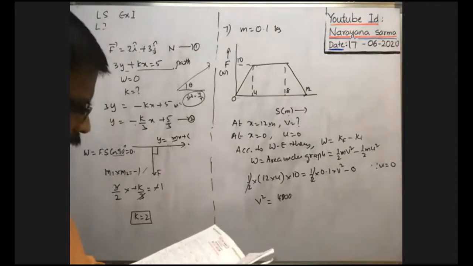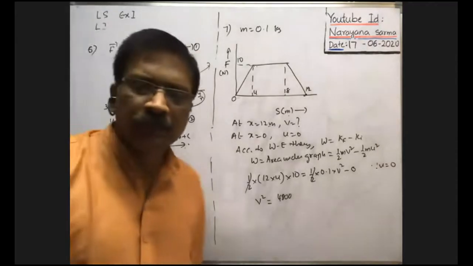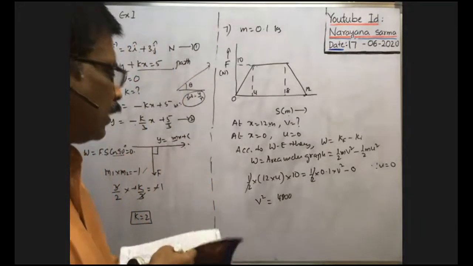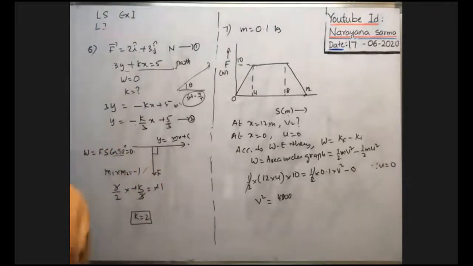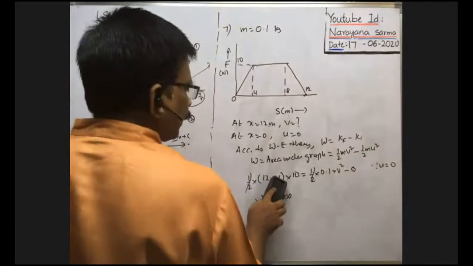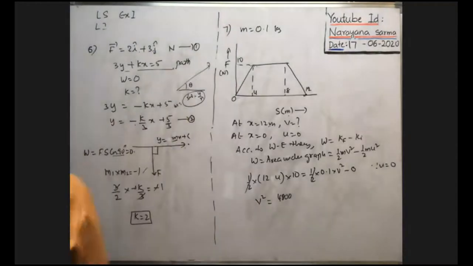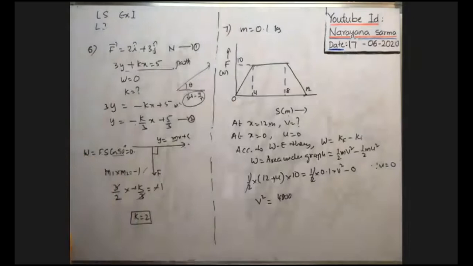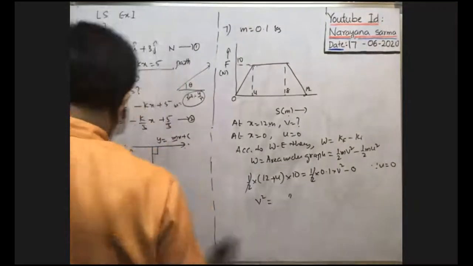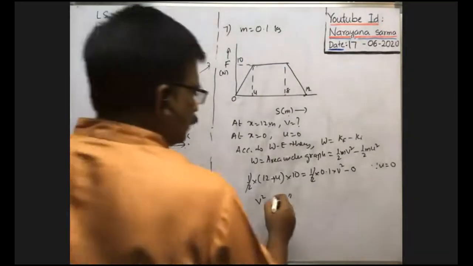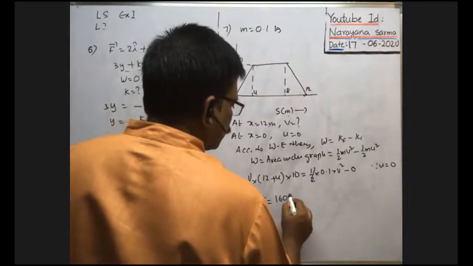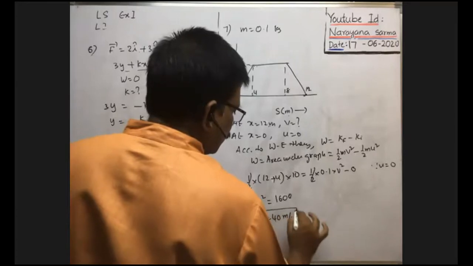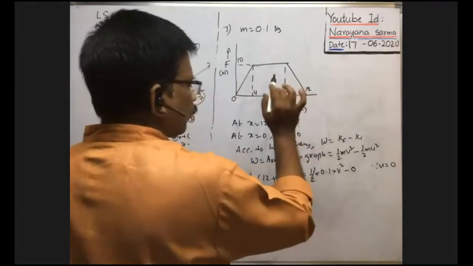Mass of the body is 0.1 kg. 12 plus 4. Okay. Right. Here it is the sum of the lengths of the two parallel sides, no, 12 plus 4. Very good. So 12 plus 4. Therefore, 1600 you will get. Therefore v is equal to 40 meter per second. So this is the velocity of the body at 12 meter.